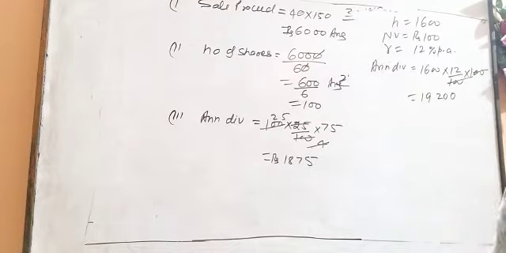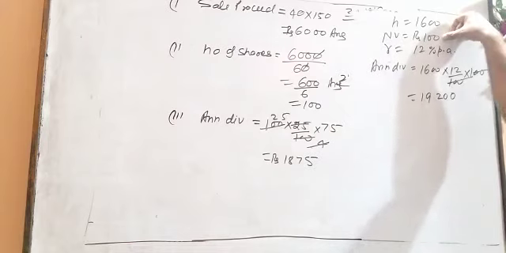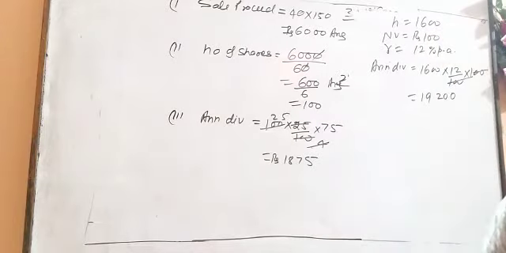Second part of the question. If he had bought these shares at 50% premium, means the 100 rupee shares are available in the market for Mr. Khanna at a premium of 50%.